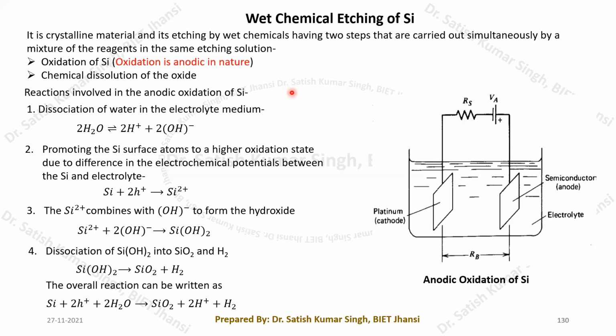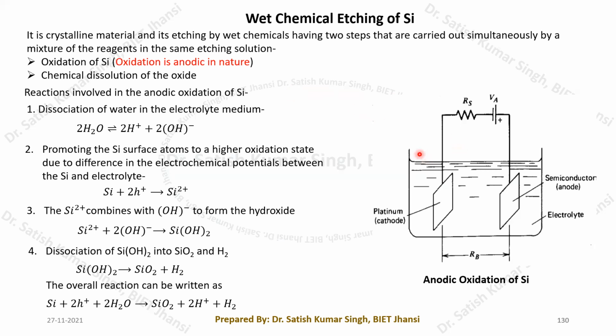We have already seen thermal oxidation. Another method is known as the anodic oxidation of silicon. Since the process is related to anodic oxidation, I am briefly discussing how silicon can be oxidized by this anodization process. So let's try to understand how it is done.